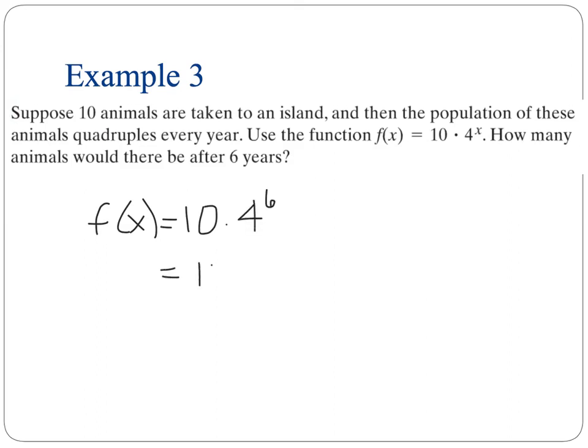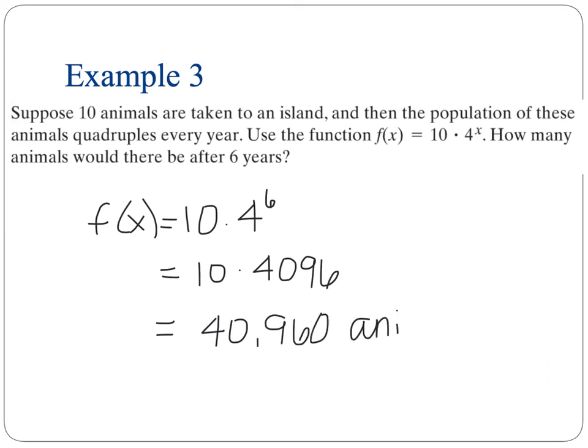If we simplify that, 4 to the power of 6 is actually 4,096. So if I take 4,096 and multiply it by 10, we get 40,960 animals on this island after 6 years.